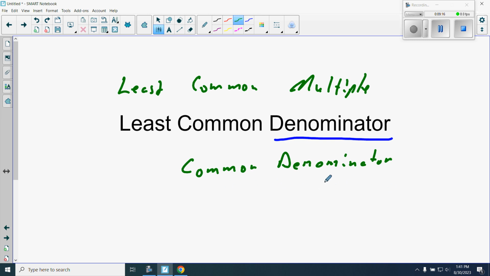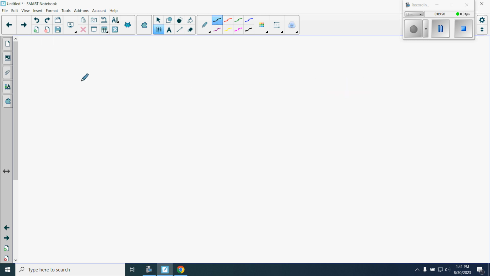All right. So as we look at a common denominator, give me another page here, we are looking at our fractions. I don't know, let's call it 1/6, and let's look at 2/9. All right, so 1/6 and 2/9. When we go to add or subtract these, we have to have a common denominator.